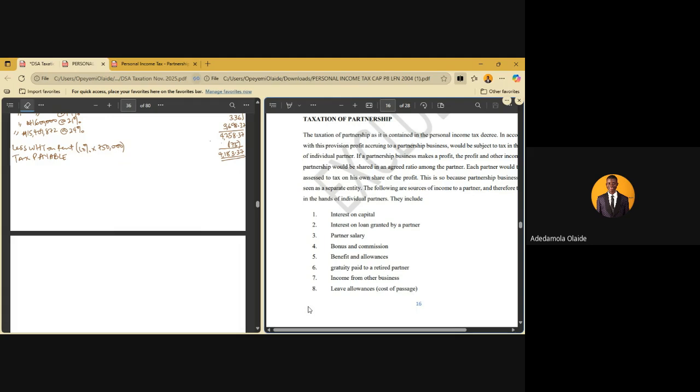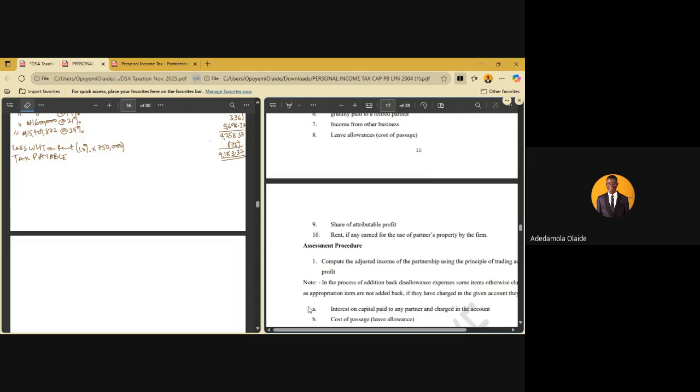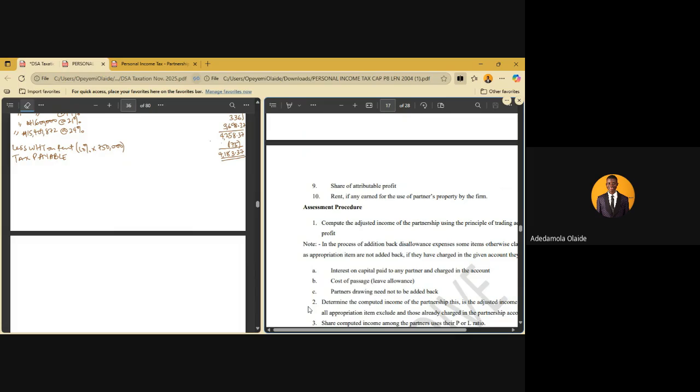Their leave allowances, all of those things, we'll deduct it. Then after adjusting for the profit, taking cognizance of the partners' expenses also with the business, we go ahead to get our adjusted profit.